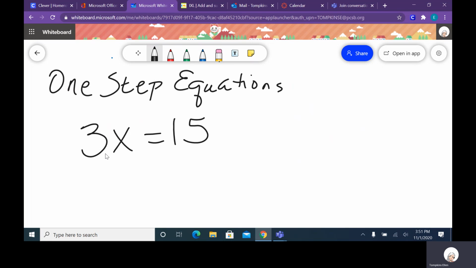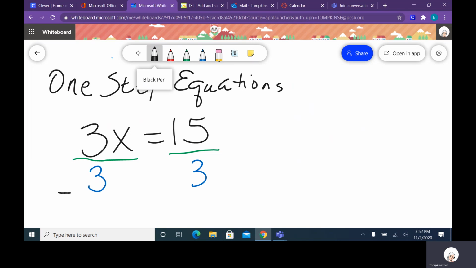These two are multiplying. They're stuck together. So we're going to do the opposite of multiplication, which is division, and we're going to show division with a fraction bar. We are going to divide off whatever number is hanging out with that variable. So you can see I've done the same thing to both sides.